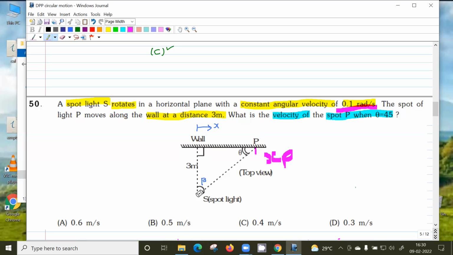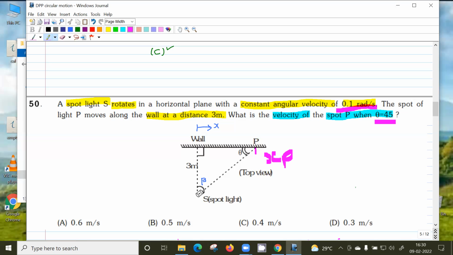Beta value, sir, 45 degrees. Yeah. Theta is also a variable value. As time changes, beta will change, theta will also change. So at a particular instant, when theta is 45, you have to get the dxp by dt. Secant 45 is one only, no, sir? No, secant 45 is 1 by cos 45. So it's root 2.